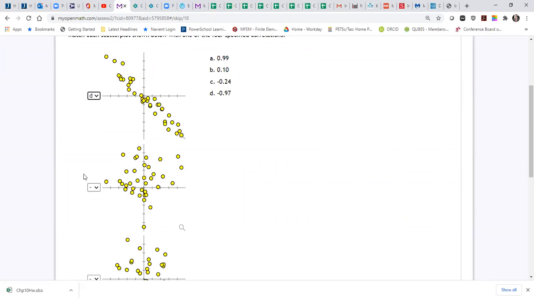And this one is scattered all over the place, but it tends to go from the left to the right more down, right? So that means it's negative but close to 0.